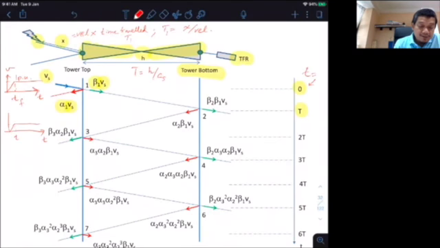It's still Tf, but it is beta 1 Vs. It could be 0.5 per unit, depending on beta 1. But the shape is the same, if you like.